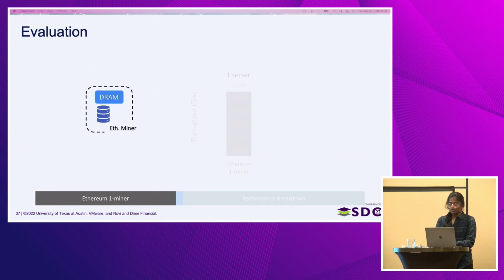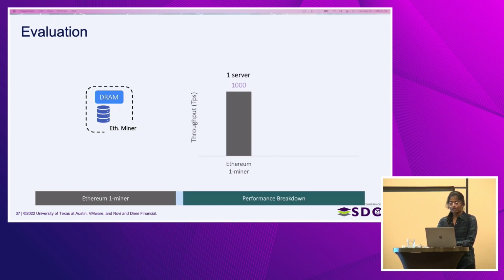To have a baseline point for our evaluation, we use a single Ethereum miner. And we notice that a single Ethereum miner can process around 1,000 transactions per second using a single server for hosting this miner.